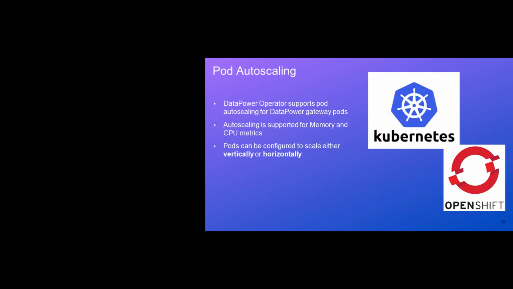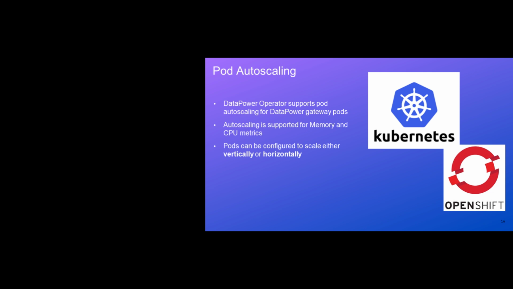Pod auto scaling. What does this mean? So vertical and horizontally. So I can basically say, okay, I want 3 1-core DataPowers, no more than 6 1-core DataPowers. Or I can have my cluster of 3 1-core DataPowers that could be vertically expanded into larger DataPowers.